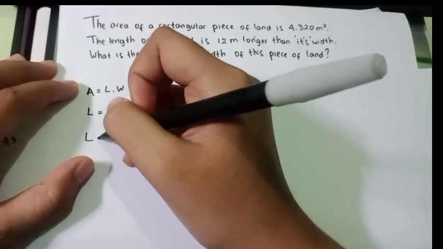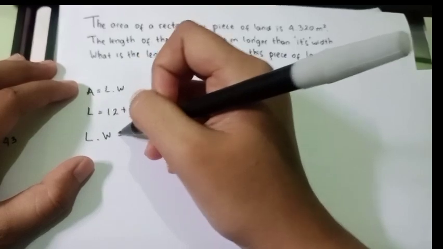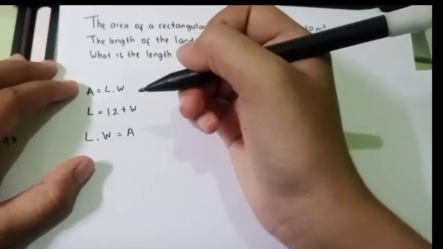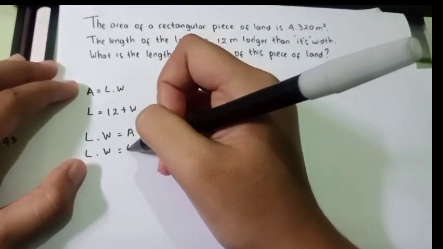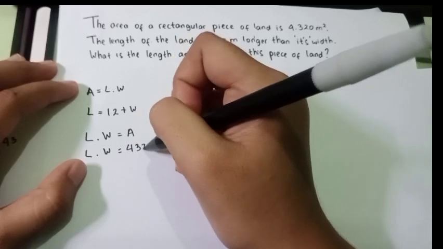So, length times width equals area. Length times width equals 4,320.